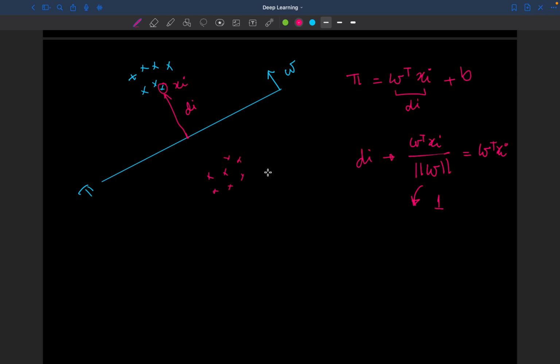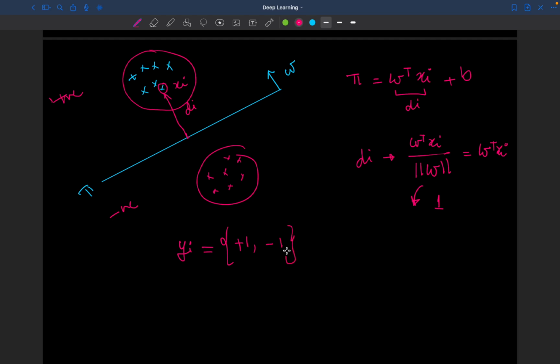Since these are our positive class points and these are the negative class points, we will use yi as +1 for positive and -1 for negative. In previous algorithms we have used +1 and 0, but here we will use -1. I'll tell you exactly why we are doing this in a short while.